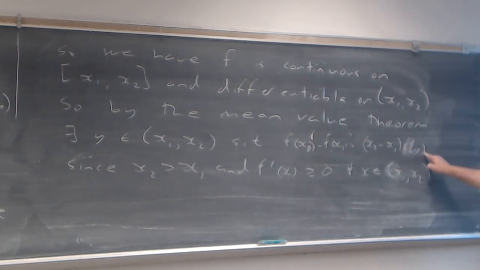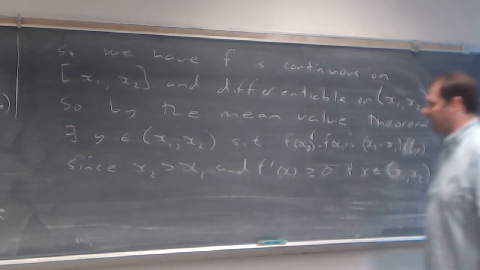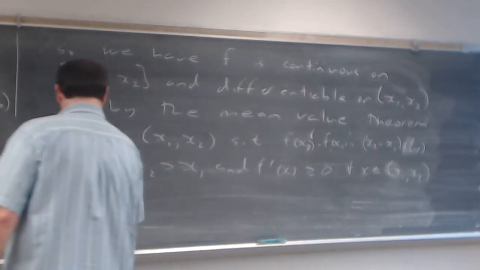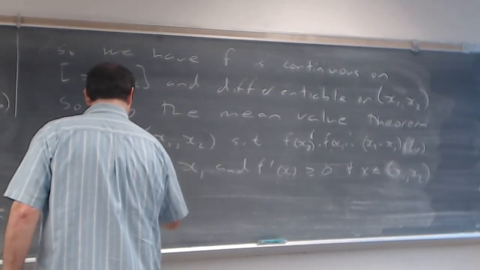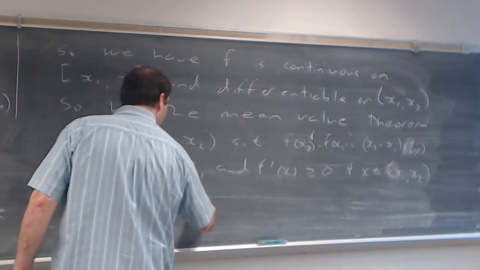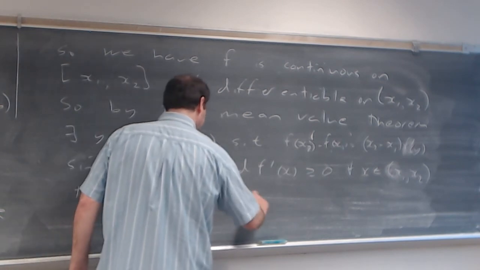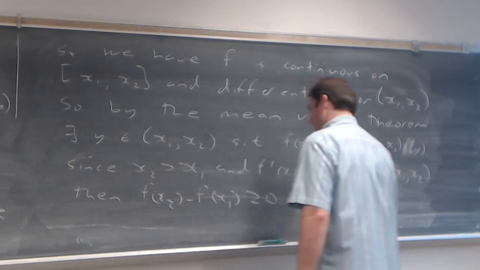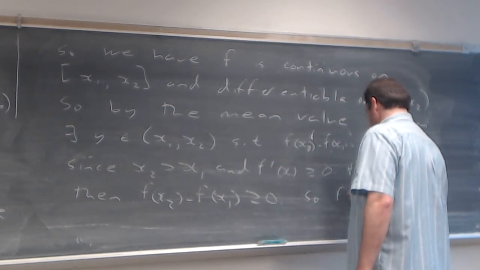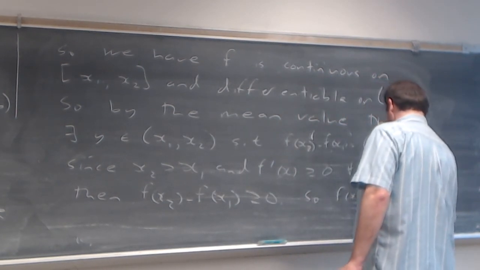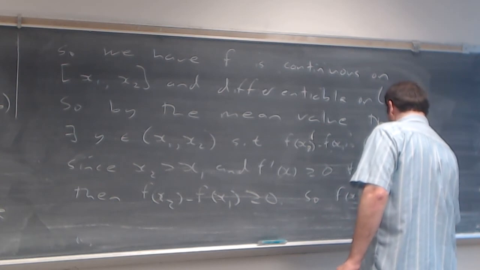Then this is greater than or equal to 0, this is greater than or equal to 0, so this is going to be non-negative. Then that means that f of x of 2 minus f of x of 1 has to be greater than or equal to 0. So that says that f of x of 2 is greater than or equal to f of x of 1. And that's what we wanted to show today.